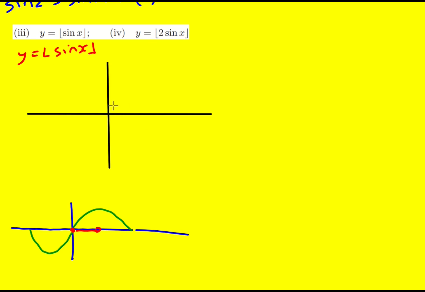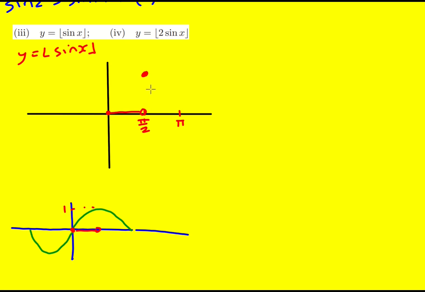I can put a value here, and then I'm going to be going along all the way to pi over 2. This is going to be pi. So it's just going to go along like that. At pi over 2, we're suddenly going to get 1, and it's going to jump to here.